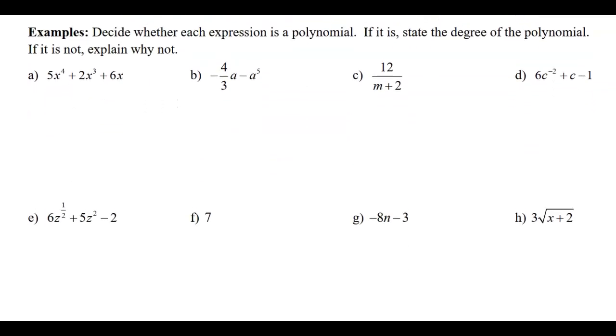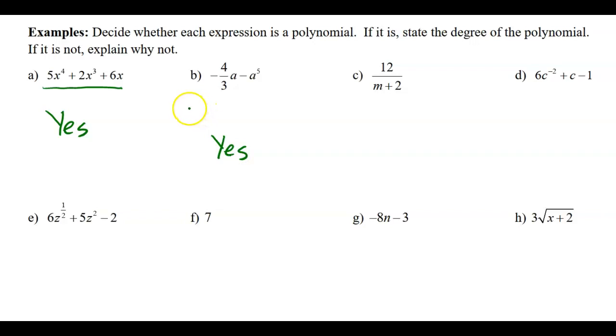Okay, so how do we determine whether or not? So this one is yes, and it's already in standard form since it's 4, 3, and 1. This one is yes. You can have a fraction coefficient.